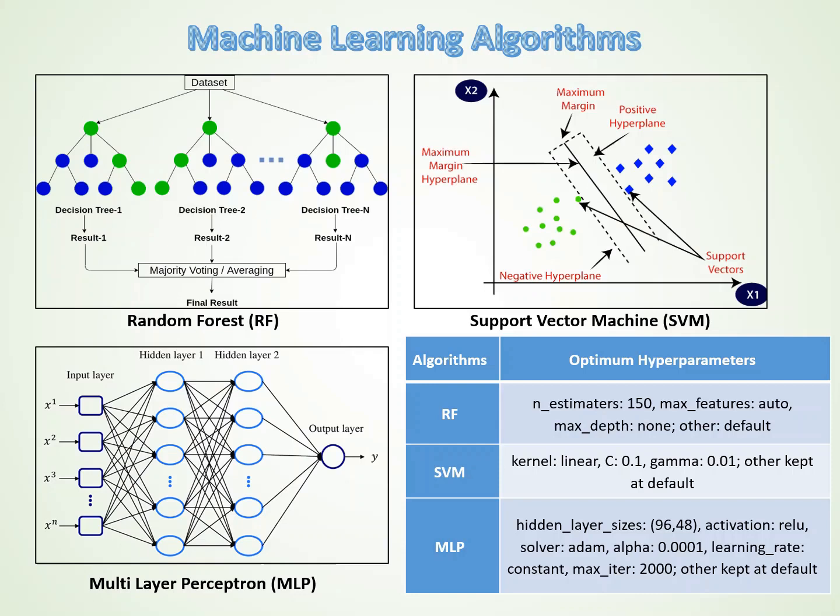The optimal hyperplane provides the best separation of the data points, which were tuned using hyperparameters. Multilayer perceptron, or MLP in short, is a neural network algorithm having a feed-forward and back-propagation loop with layered architecture. Here we have utilized the optimum hyperparameters for our algorithms, which were found empirically.